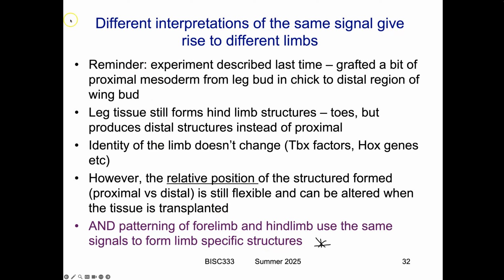And so this is just a point about the whole process of limb development. The patterning signals for both limbs are similar, but the materials from each of the different limbs, forelimb, hindlimb, interpret those signals to produce different limbs, especially noticeable in the chick, the wing versus the leg, right?